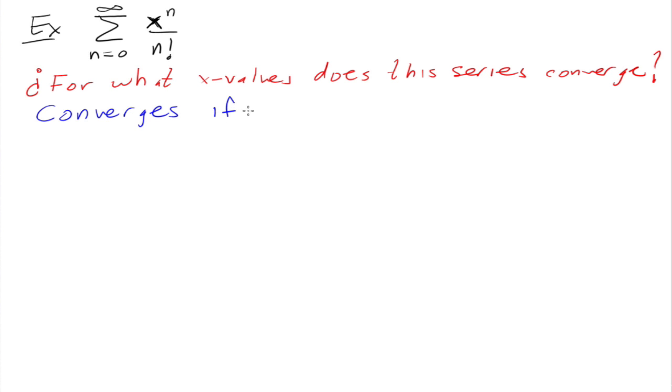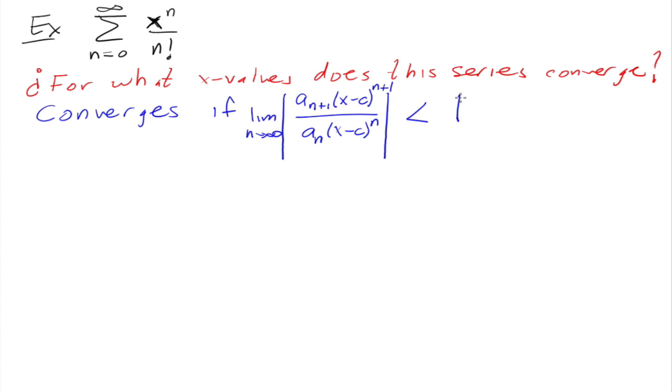So if I use the ratio test, basically the series converges if the limit as n goes to infinity of the absolute value of, let's write it in general, a sub n plus 1 times x minus c to the n plus 1 over a sub n times x minus c to the n is less than 1.